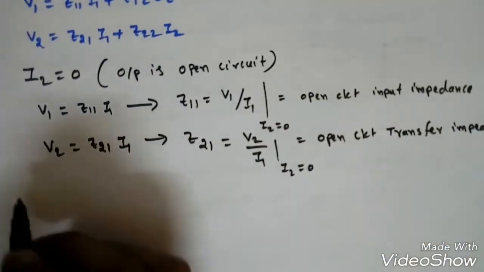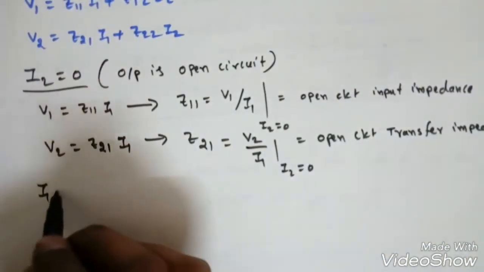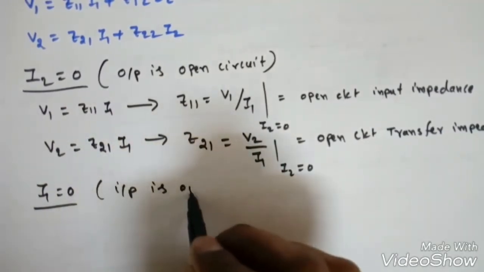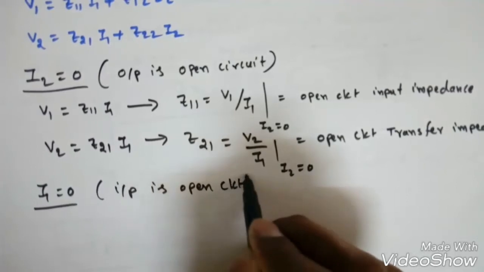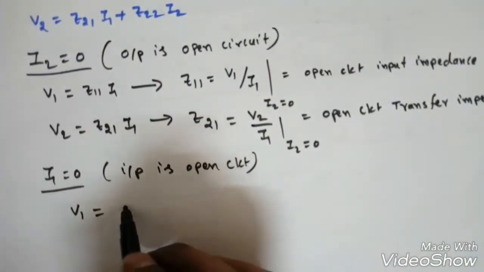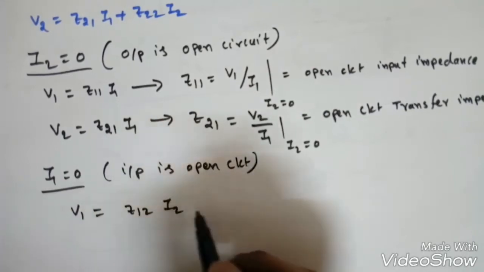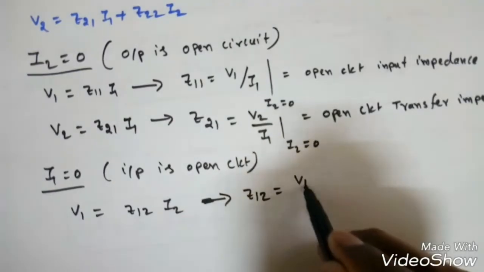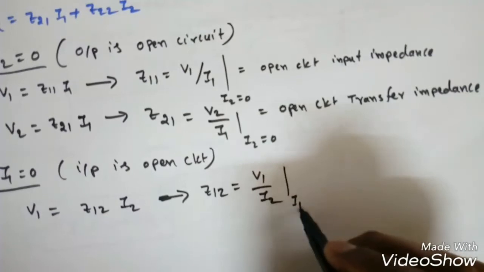Similarly, next, if I make I1 equal to 0, that means the input side is open circuit, right? From the first equation, V1 is equal to Z12 times I2, so Z12 is equal to V1 by I2 when I1 equal to 0.